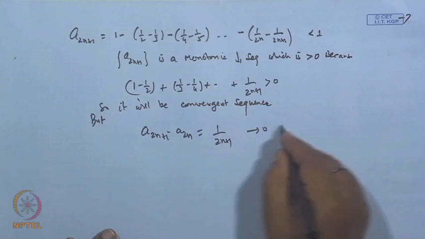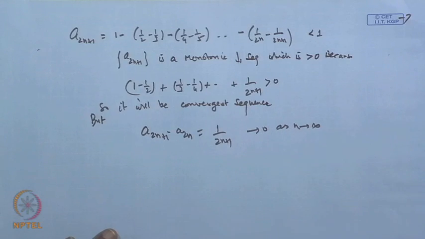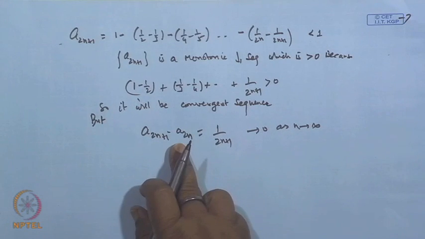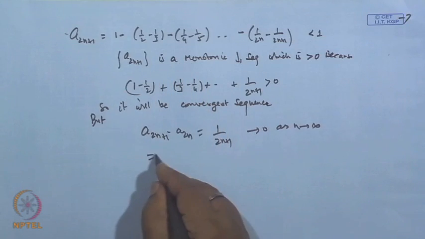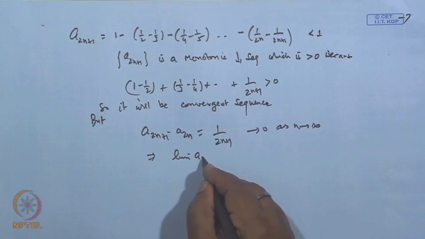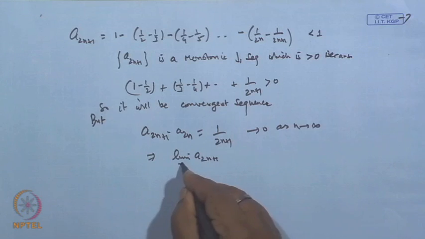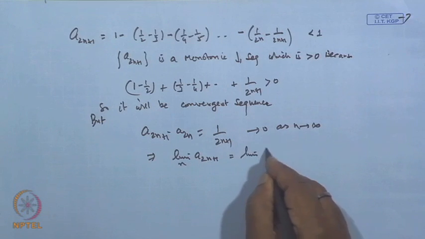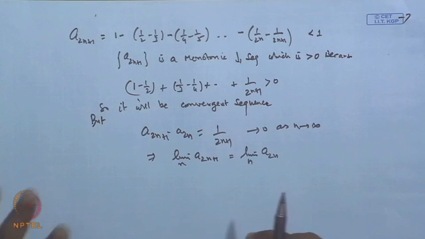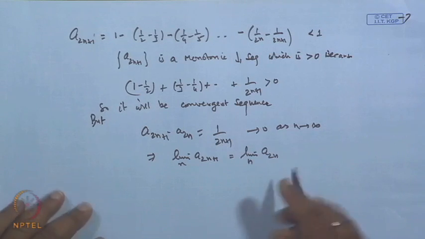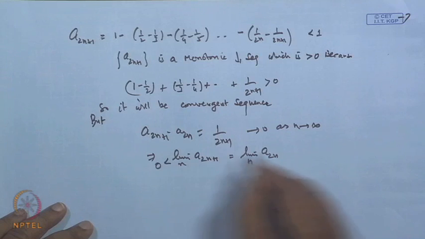And now, this goes to 0 as n is sufficiently large. It means both these sequences are basically identical. So, this implies the limit of a_2n+1 as n tends to infinity will be the same as the limit of a_2n. Okay? The limit will exist and lie between 0 and 1.